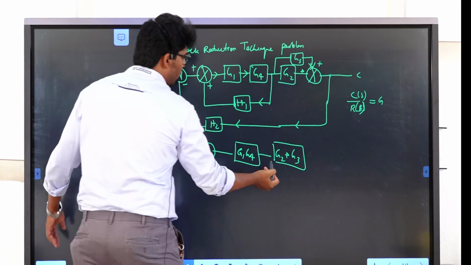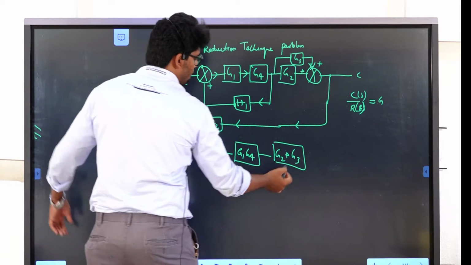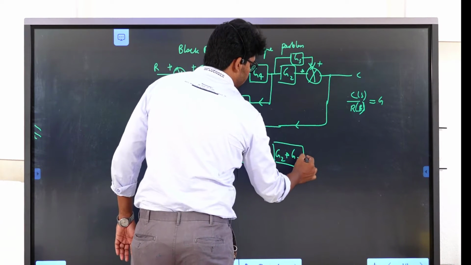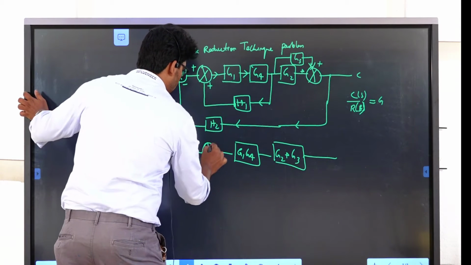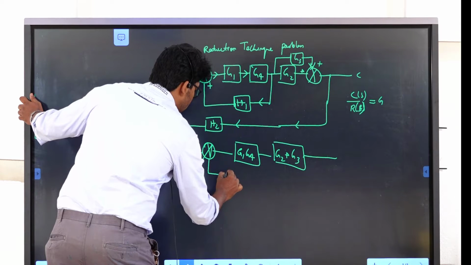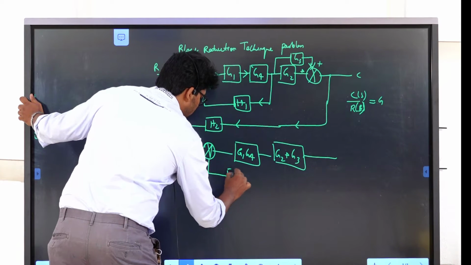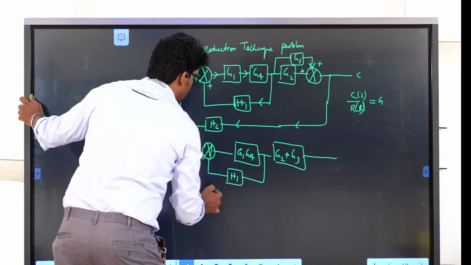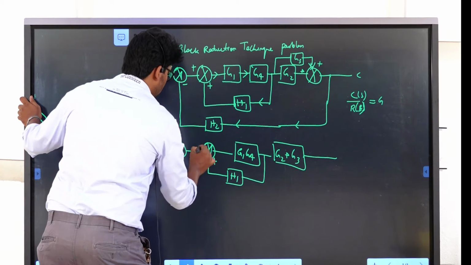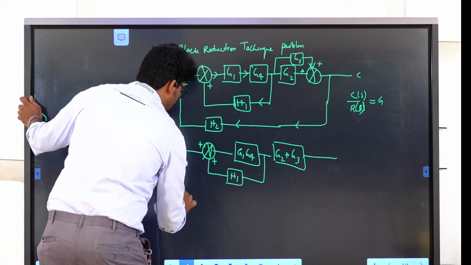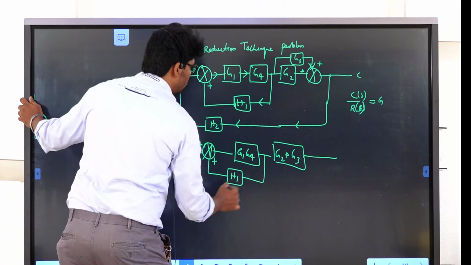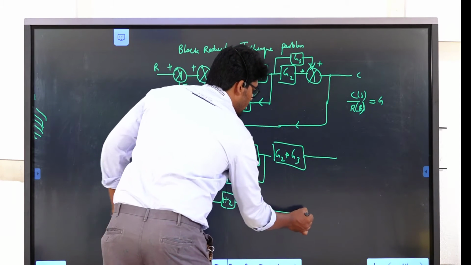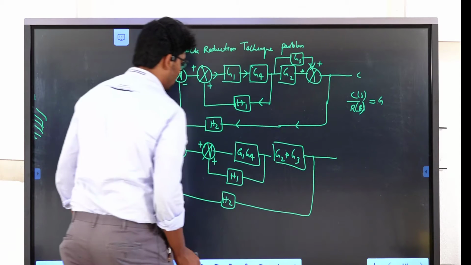Now G2, G3 is given, and this is continuous, so we close this feedback loop here. I have a positive feedback here, and another feedback, that is H2, coming in here.